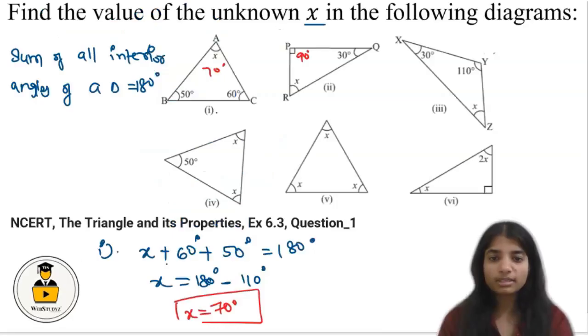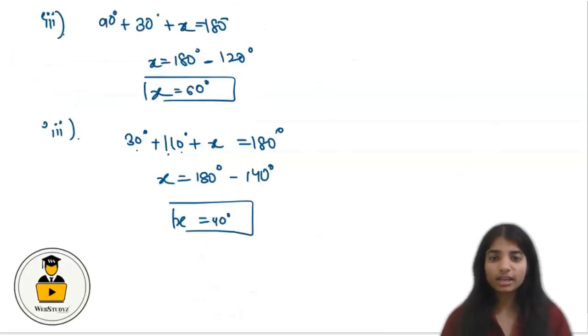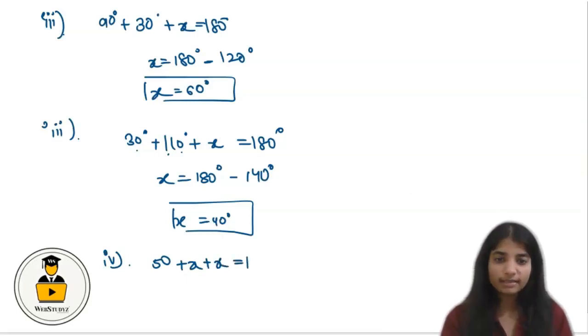Now this is part 4. Let's say this is the triangle ABC. Here we are given that two angles are equal, each x, and the third angle is 50. As we know, the sum of all the interior angles of a triangle is 180. So 50 plus x plus x is equal to 180.